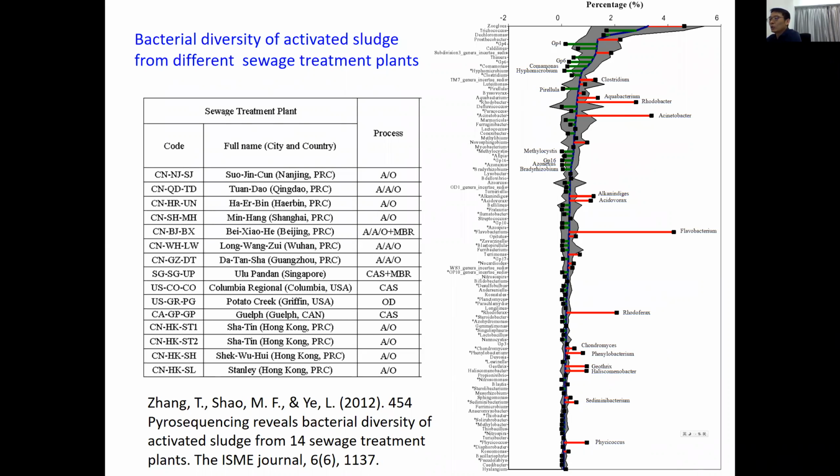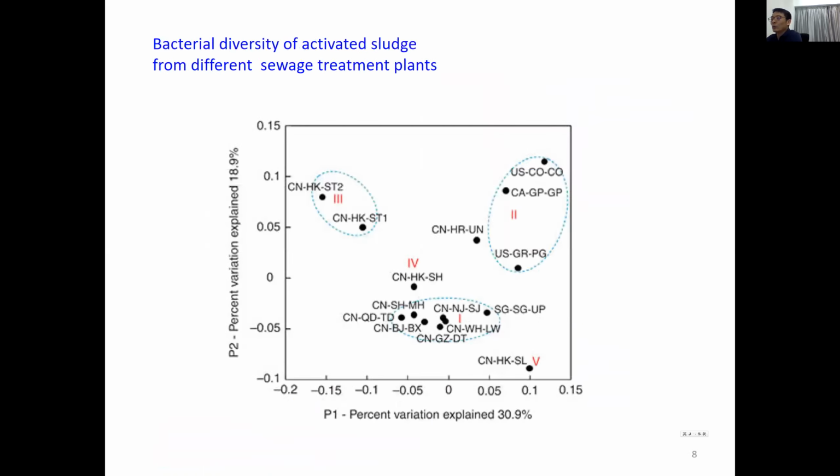However, we also found that the abundance of some bacterial species is largely different among different wastewater treatment plants. And more interestingly, we found a clear geographic difference among the active sludge sampled from Asia and from North America.